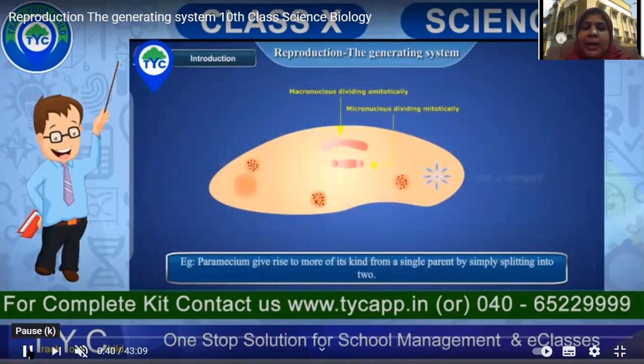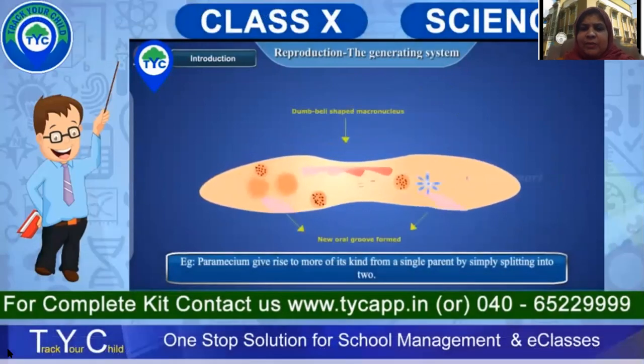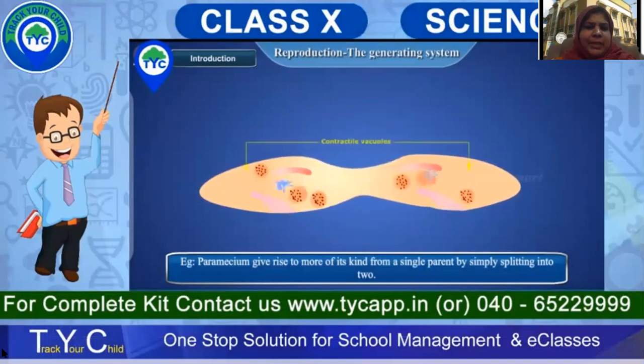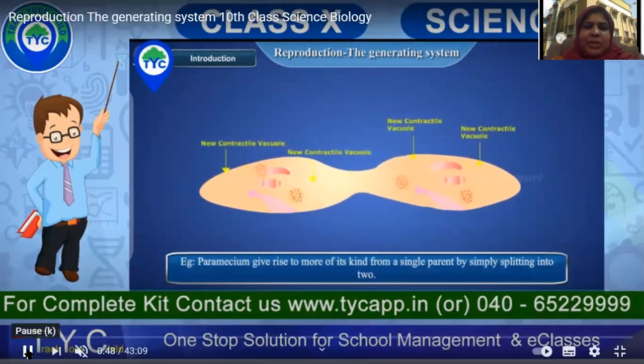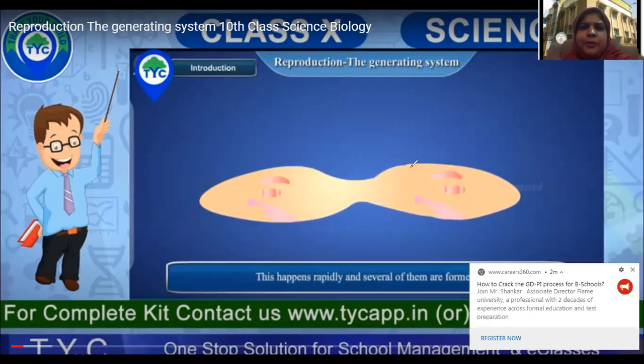For example, if you look at paramecium, it gives rise to more than one of its kind from a single parent by simply splitting into two. So in paramecium, as I told you, it's asexual reproduction. There is no need of male and female gametes. There is only one parent which is splitting itself and gives rise to a new generation. If I can use the pen, let me see how I do that.